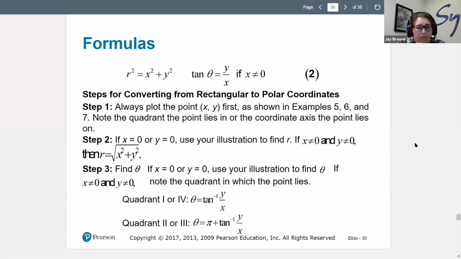If x equals 0 or y equals 0, use your illustration to find r. If x and y are not equal to 0, then you have to use r equal to the square root of x squared plus y squared. For step 3, you want to find your theta. And then you also want to pay attention to which quadrant you're in. Note for quadrants 2 and 3, we have to add pi to our tangent.